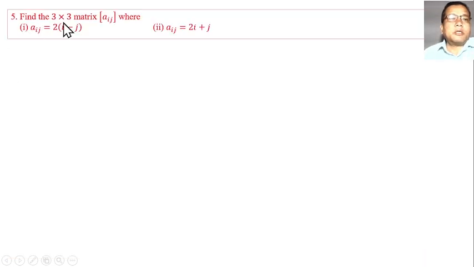Find the 3 by 3 matrix A equal to a sub ij, where a sub ij is given by 2 times i minus j.